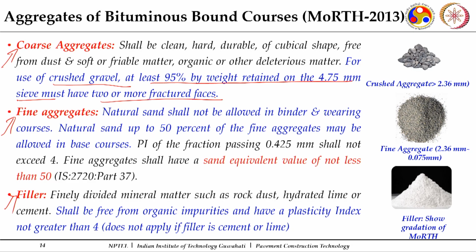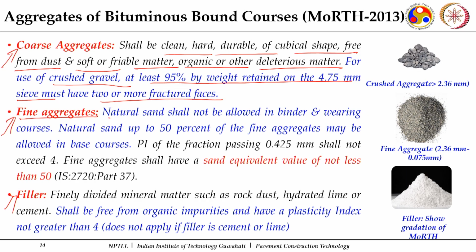So, this is one important requirement. Rest it says that the coarse aggregate to be used in bituminous bound courses should be clean, hard, durable, of cubical shape, free from dust, soft or friable material or organic or other deleterious matter. So, this should be ensured whenever any source of coarse aggregate is selected.